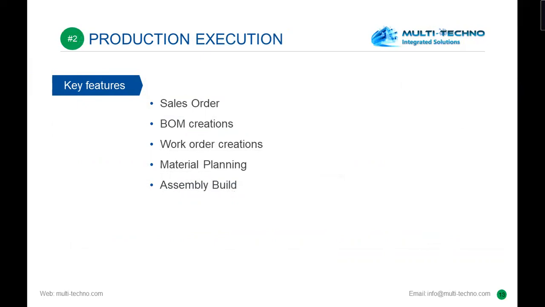When your sale order is planned, we can create the bill of material for a specific item in the sale order. If the item already exists and we have already created one, it will show that you have already created one, and you can add multiple revisions if you need a variation for a specific item.